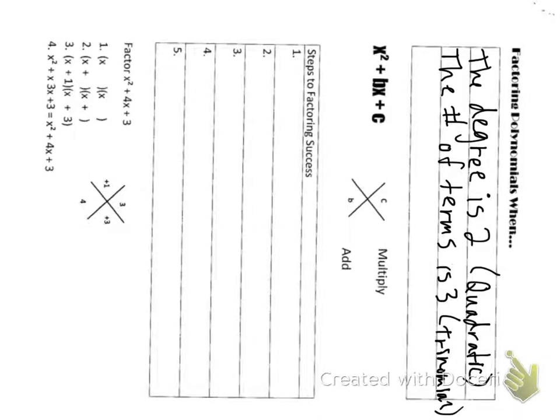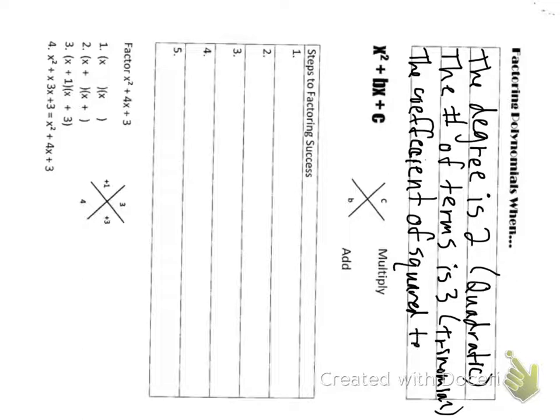So we're going to be dealing with quadratics that are all trinomials. And then, like I said on the previous slide, our leading coefficient, so the coefficient of the squared term, is 1. So those are the type of polynomials we're looking at today.